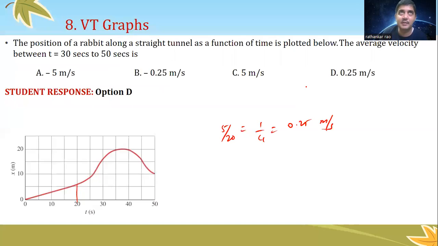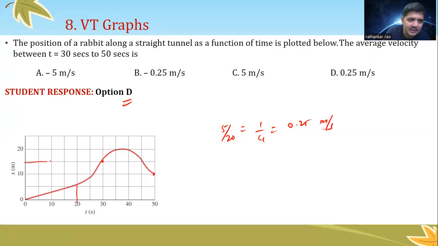So they answered this D. This is one more which I got. Some students said, sir, we have understood everything correctly. You asked us to find the average velocity between 30 and 50 seconds. 30 seconds is here, 50 seconds is here.